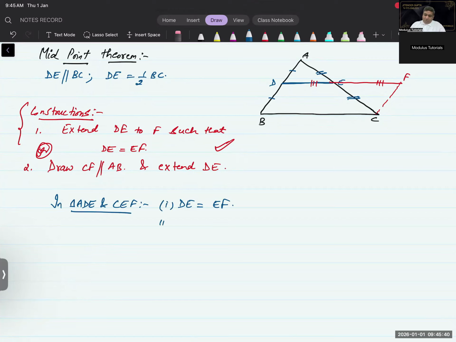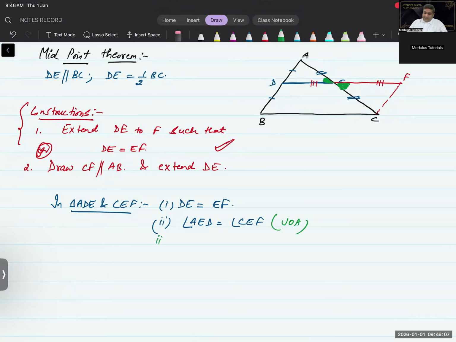Then angle AED is equal to angle CEF, which means these two angles are equal, as vertically opposite angles.